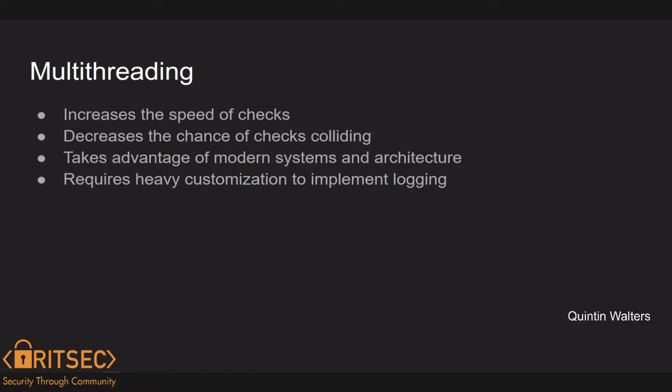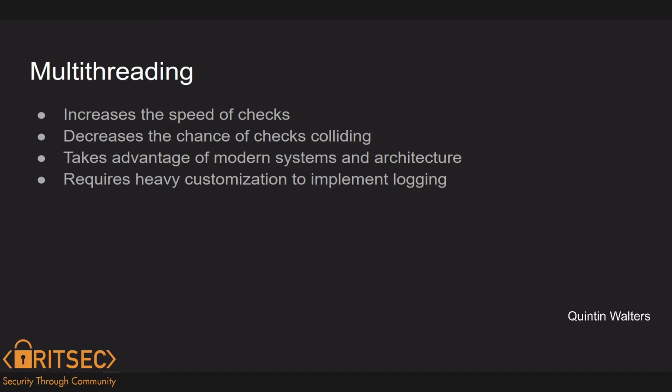For multi-threading, while Python doesn't actually have true multi-threading, I implemented pool from the multiprocessing library for the closest approximation. I did this to increase the speed of checks and to decrease the chance of checks colliding. With the bash version of Down Detector, I ran into problems near the end of the competition.